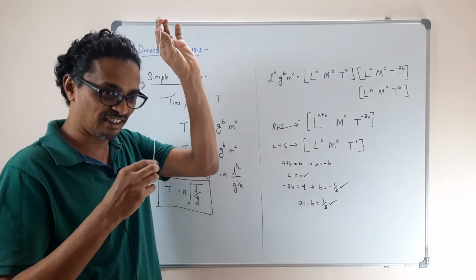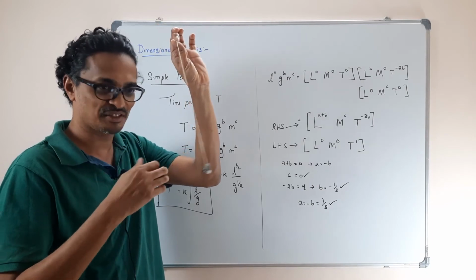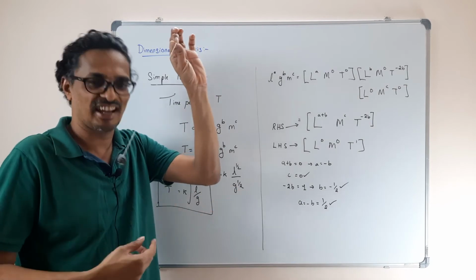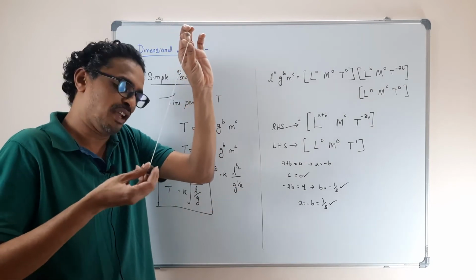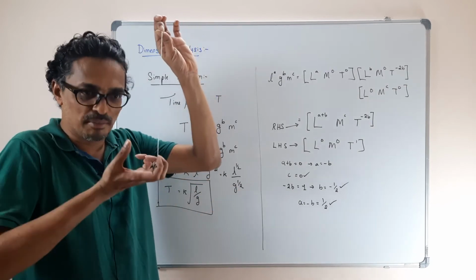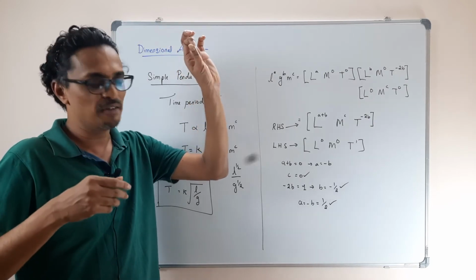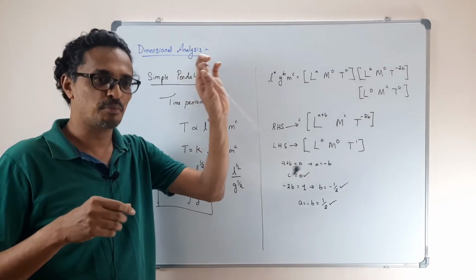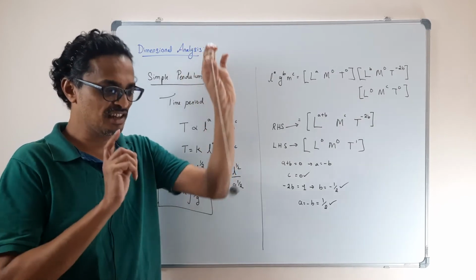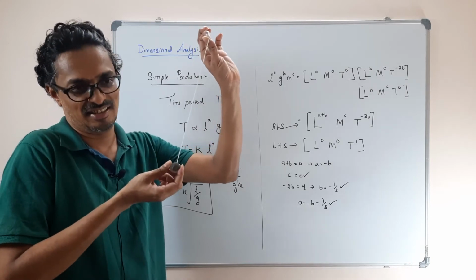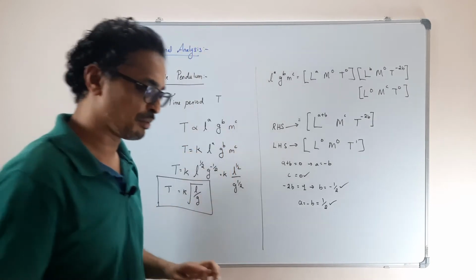It is independent of the mass of the blob, whatever weight is hanging. It can be a very lightweight screw or a big metallic ball or a wooden ball, whatever you keep. The time period of the pendulum is not going to depend upon the mass of the object you are hanging as a weight. So you can do the experiment and see.